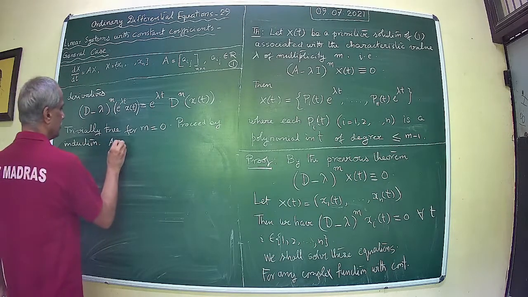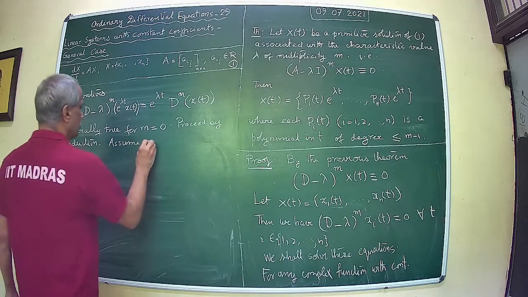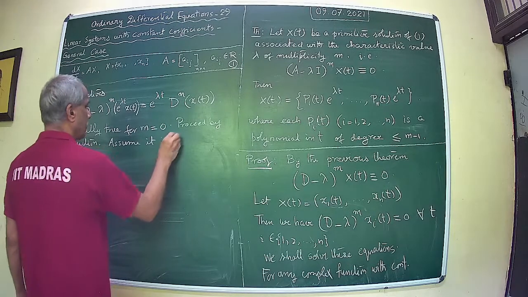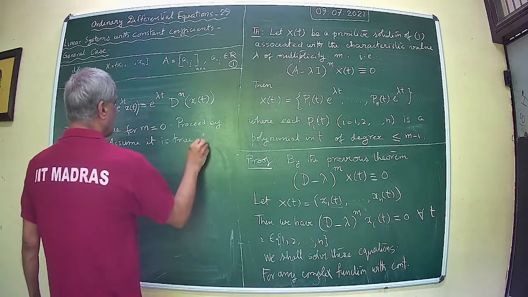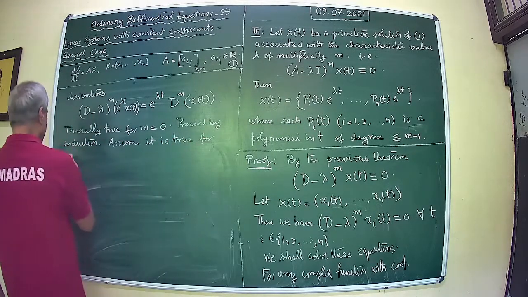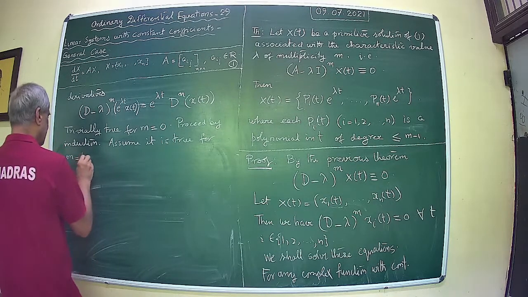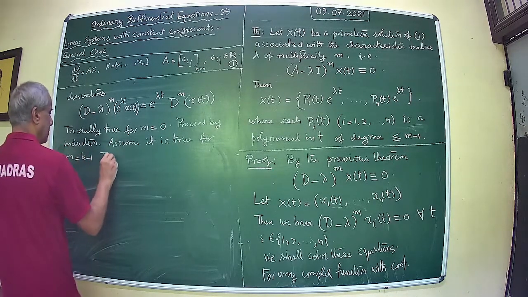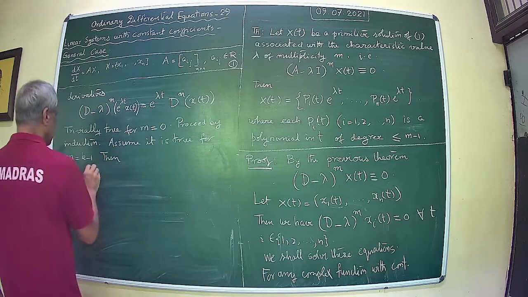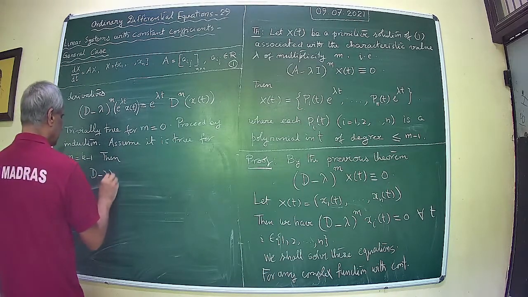Assume it is true for m equal to k minus 1. Then what do we have? D minus lambda.